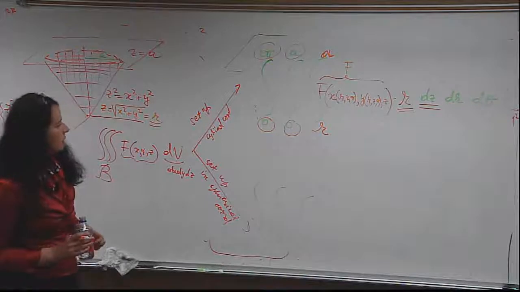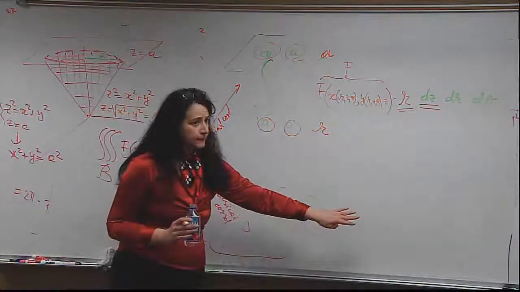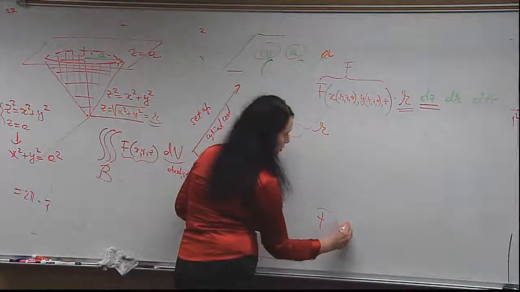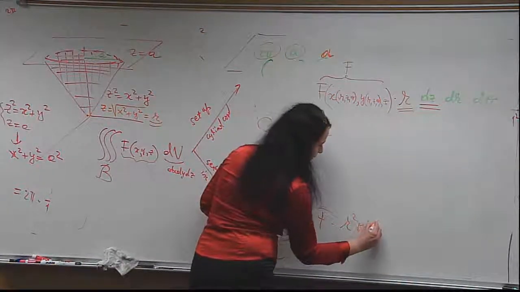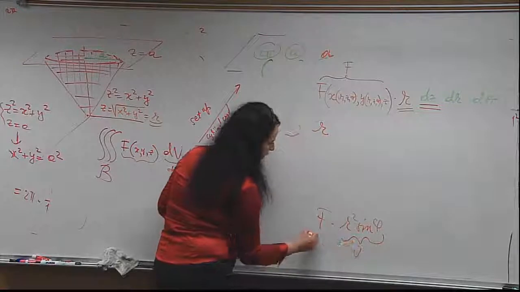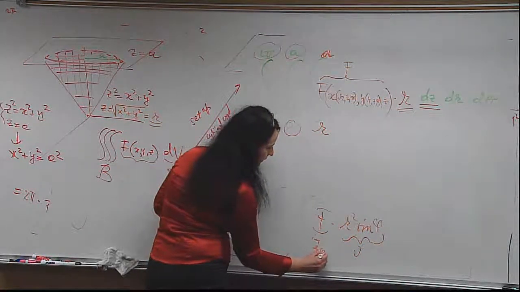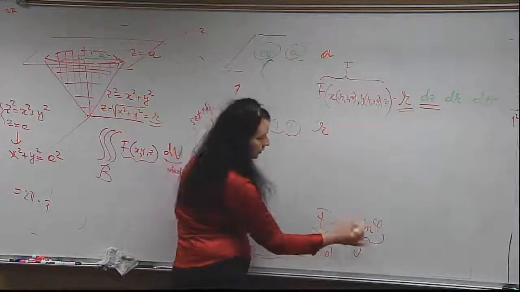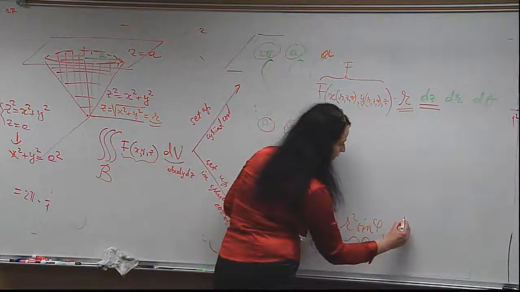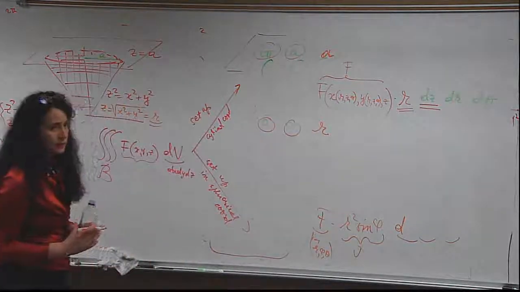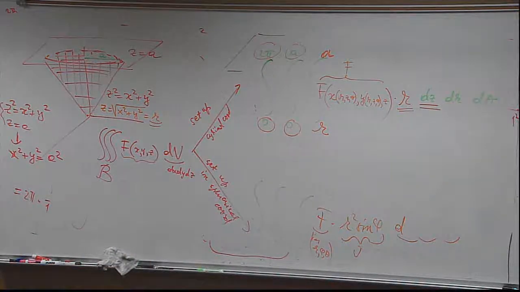In this case, we have to be smart. Say f times r squared sine phi, the Jacobian. This is a function in r, phi, and theta, right? We don't care what it is. We are going to have d something, d something, d something. The question is which ones, because that's not obvious at all, except for theta.